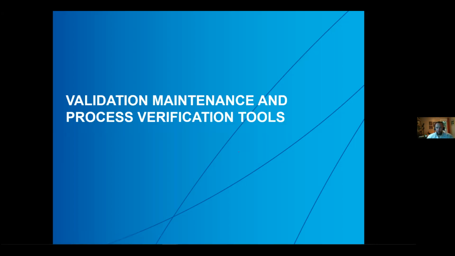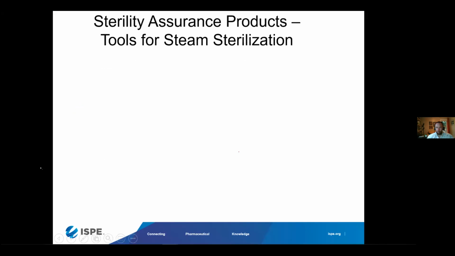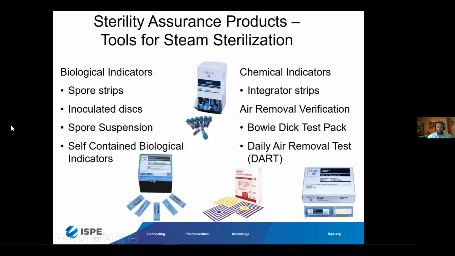So here I have typically just some slides to talk through these process verification tools, but instead I'll do a little show and tell. First off, biological indicators. We have a few different types. The spore strips you can see here is a blue envelope with a white paper biological indicator where the spores are inoculated in the envelope here.